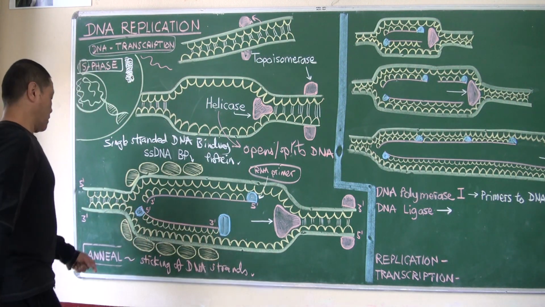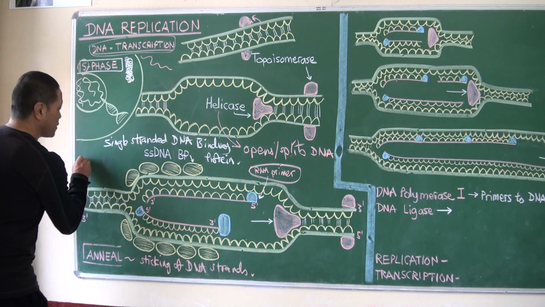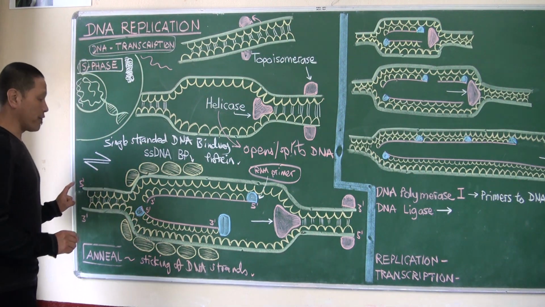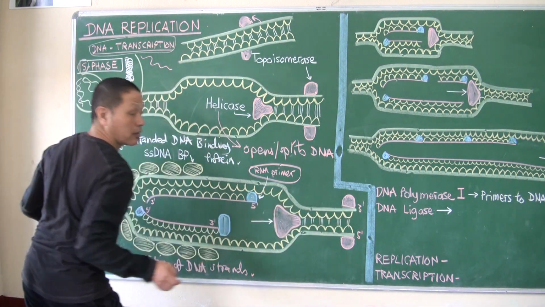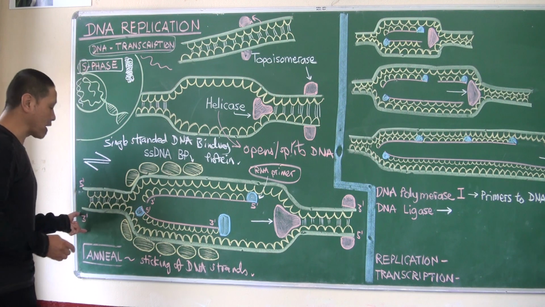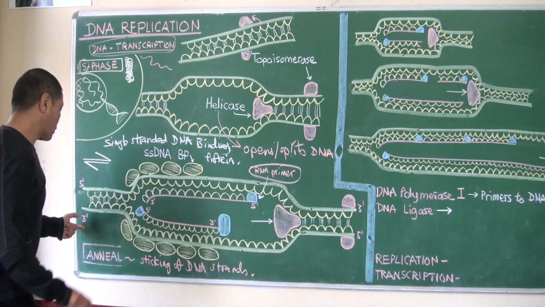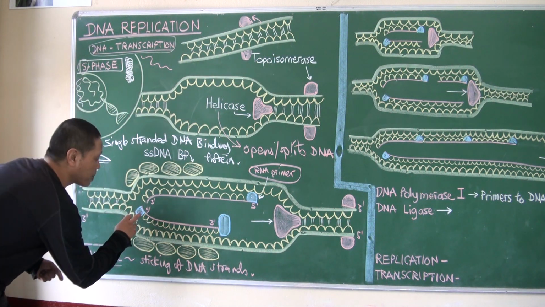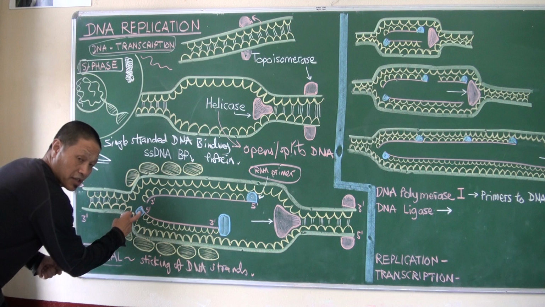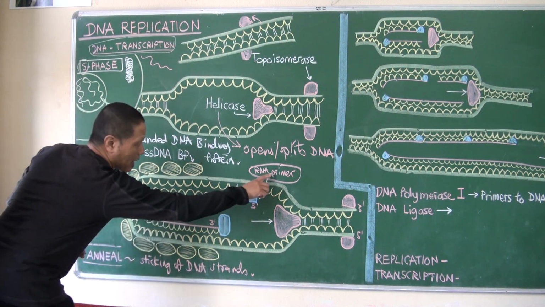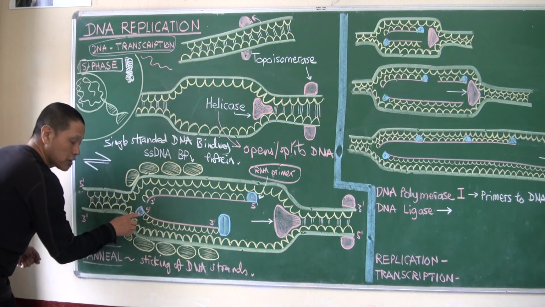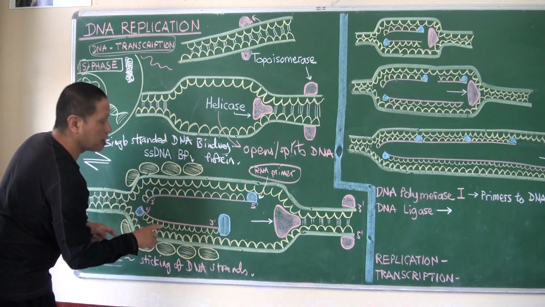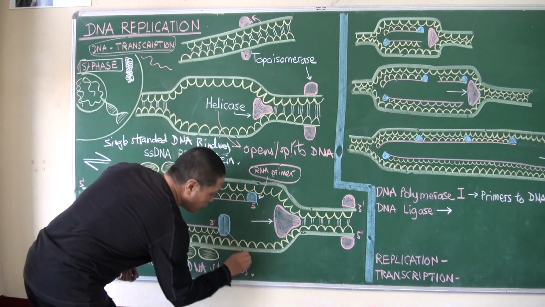Since we're talking about the antiparallel property again, the top strand runs from 5' end to 3' end, and the bottom one 3' end to 5' end. To maintain this antiparallel property, the RNA primer latches on to this part as it opens up.